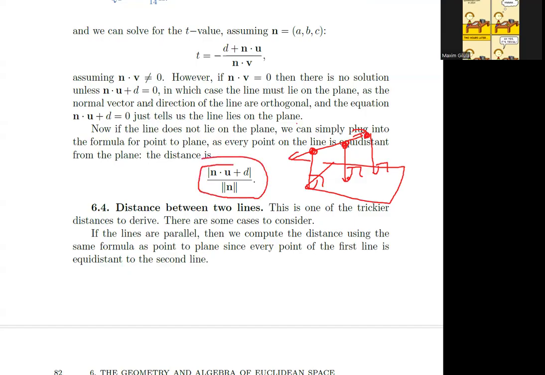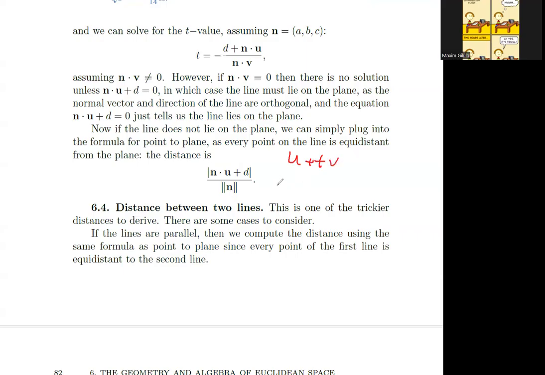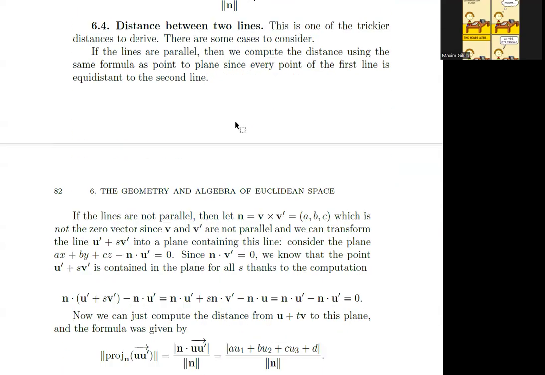And for example, we can compute n dot u plus d over magnitude n, where our line was u plus tv, and our plane was n dot xyz plus d equals 0. So that's how to find the distance between a plane and a line. Now we can talk about distance between two lines, which is a little bit trickier.